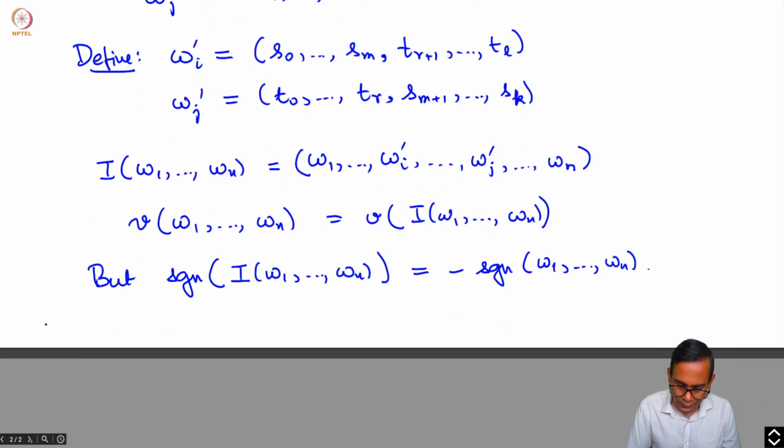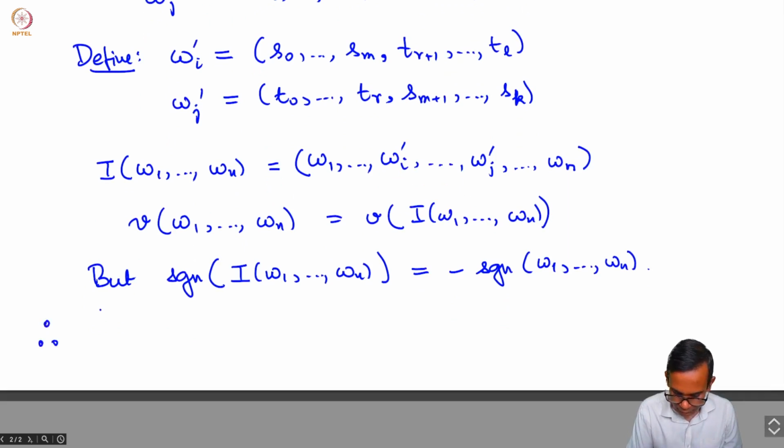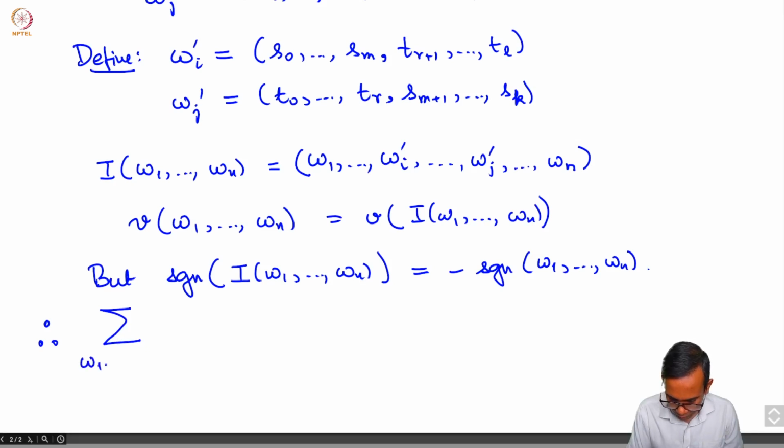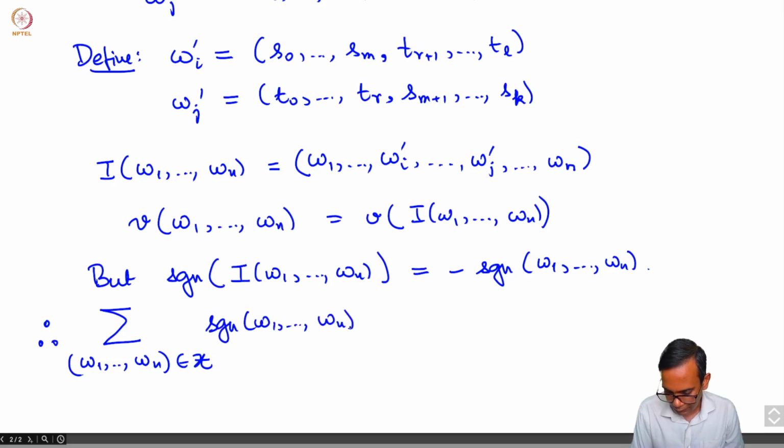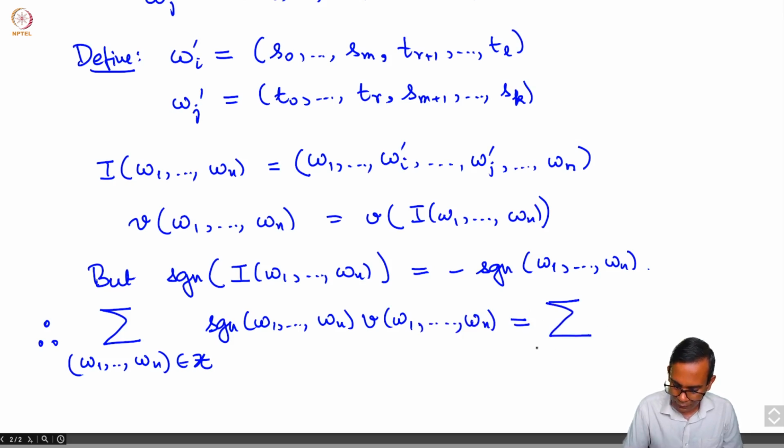So in the sum over omega 1 up to omega n in X of the sign times the weight of omega 1 up to omega n, all the terms will cancel except for the ones where omega 1 to omega n are non-crossing.